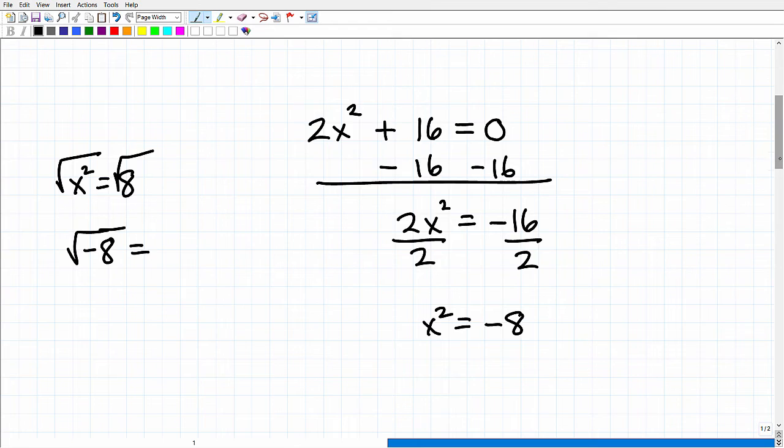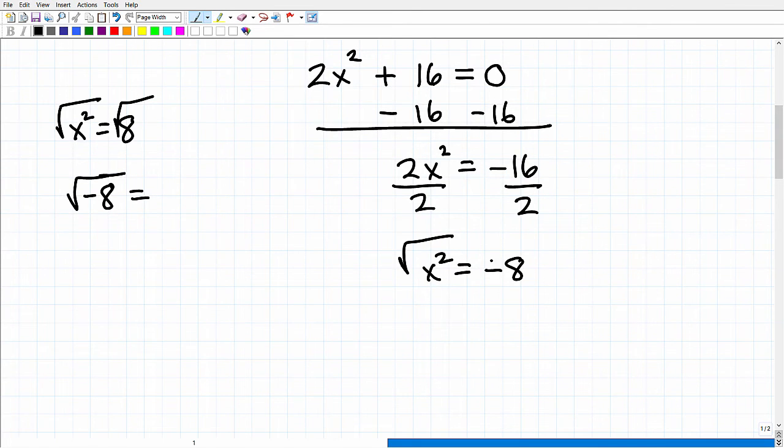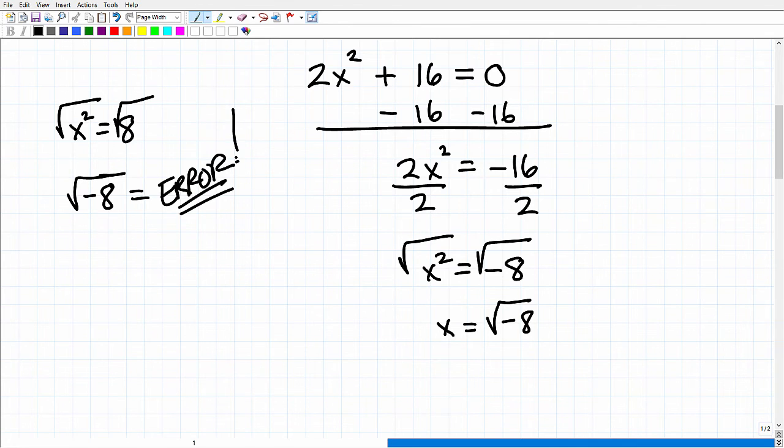In other words, we're thinking, okay, I can just take the square root of both sides and have x equal to the square root of negative 8, right? Well, what's likely going to happen is your calculator is going to give you a big old error, like, hey, I don't understand, what are you telling me? You can't take the square root of a negative number, because unless you have an advanced scientific calculator, it just understands real numbers, okay?